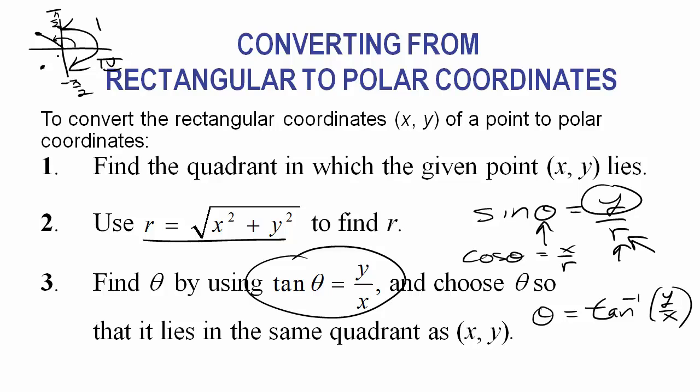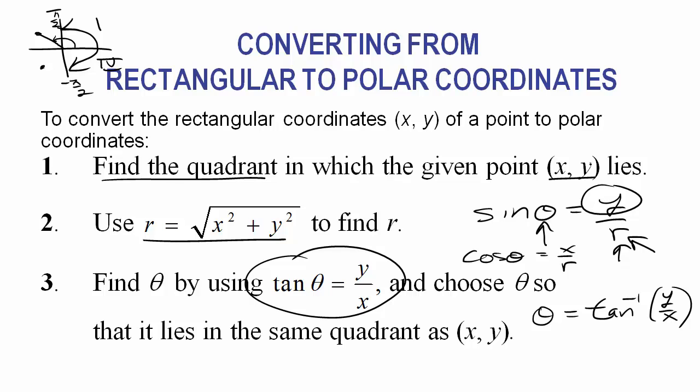So you just have to be careful, and that's why step one is always find the quadrant that you're in from this point, which is pretty easy. You just look at the point and go, is the x and y part positive or negative? And depending on that, it tells you what quadrant you're in. If they're both positive, you're in quadrant 1. If x is positive but y is negative, you're down in quadrant 4, and so on and so forth.